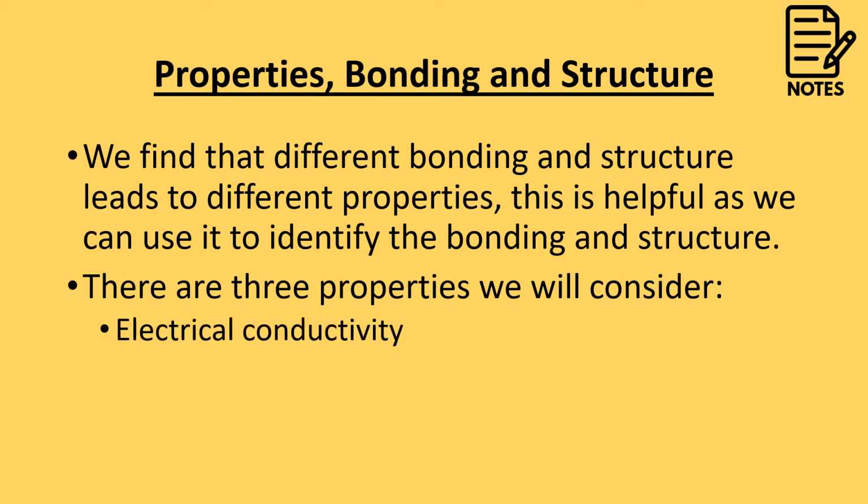We consider the electrical conductivity, so whether or not electricity can pass through the substance. We consider its melting point, that's the temperature at which it changes from being a solid to being a liquid. And we also consider its boiling point, which is the temperature at which it changes from a liquid into a gas. By considering these three properties, we can identify by testing whether something is covalent or ionic, and then if it's covalent, whether it will be a network structure or a molecular structure.